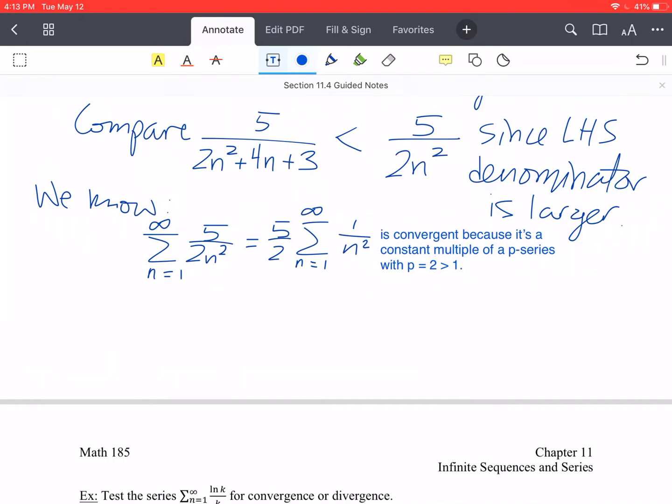Okay, so we know that this series here is convergent because it's a p-series with p equals 2.